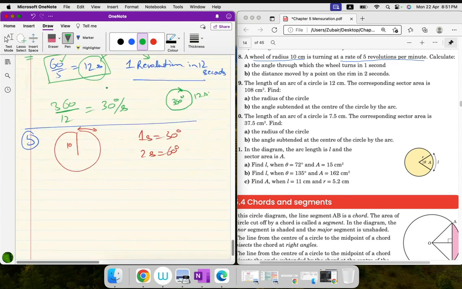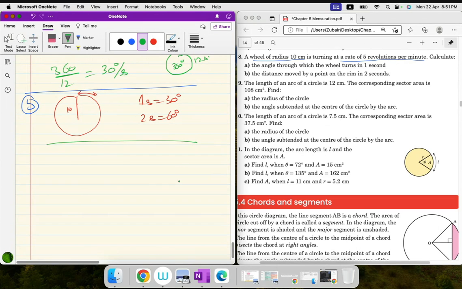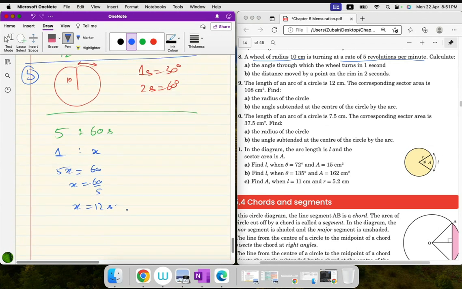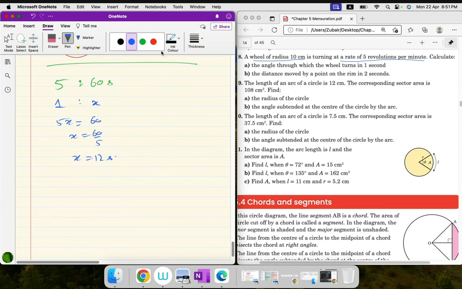Other way of writing the same question would have been 5 revolutions in 60 seconds, just like unitary method. So one revolution would be x. When we cross multiply, 5x is equal to 60, x is equal to 60 by 5, x is equal to 12 seconds. Then I can write that in 12 seconds it is making 360 degrees.